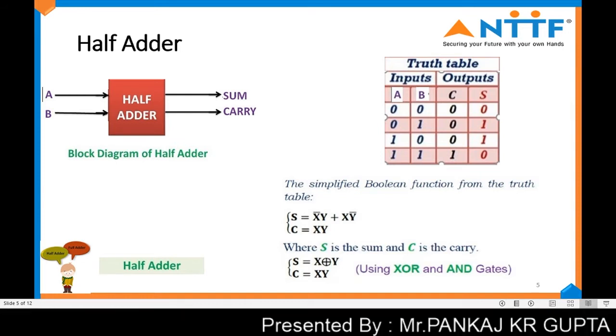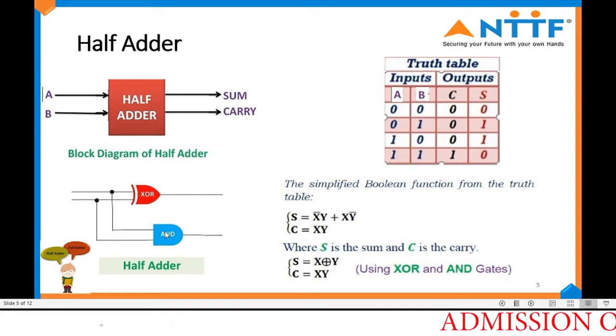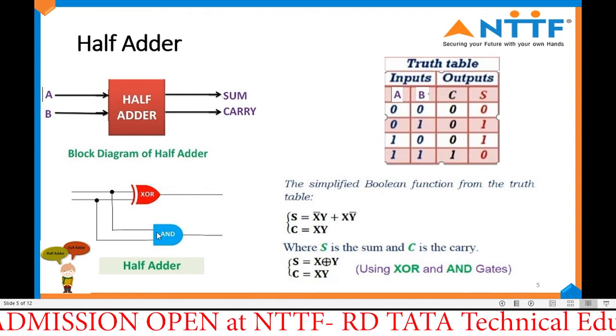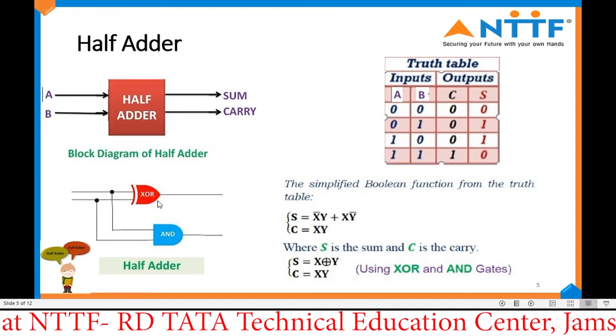Now, according to this, we are trying to make the half adder circuit. As I have told, the half adder circuit is a combination of XOR and AND gates, meaning we can make the half adder circuit with the help of these 2 gates only.